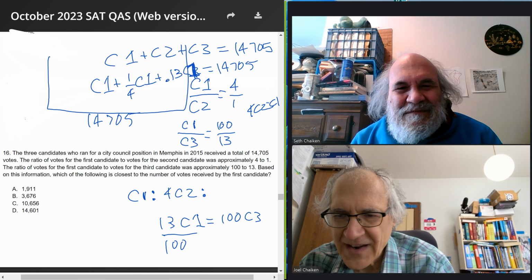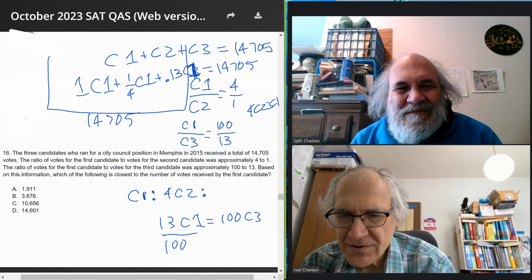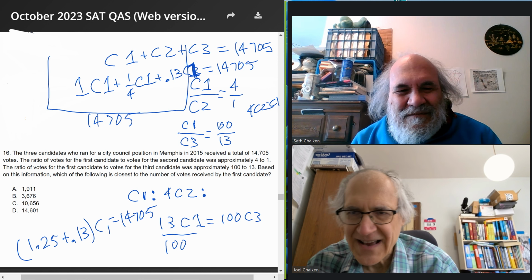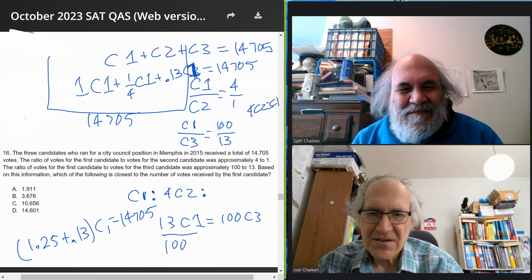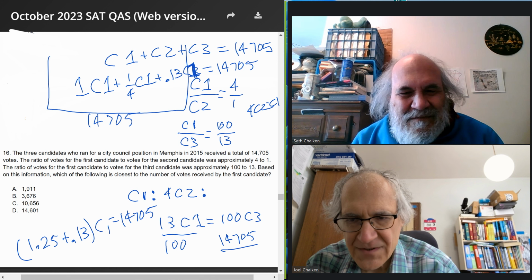So we have a 1 here, so 1 plus 0.25 is 1.25, plus 0.13. C1 is equal to 14,705. Now, this is a calculator section. So the answer is 14,705 divided by approximately 1.38.